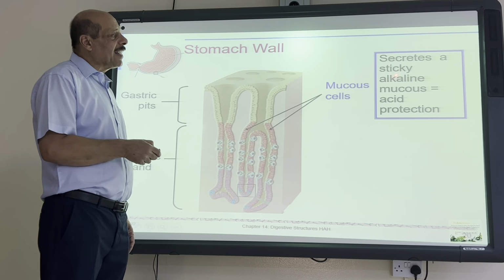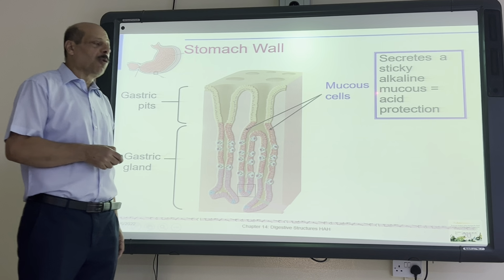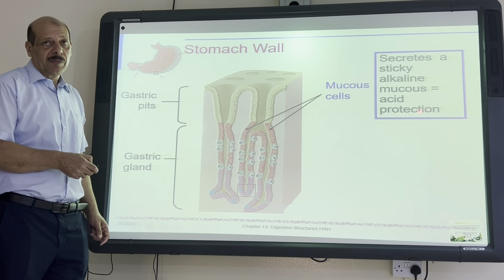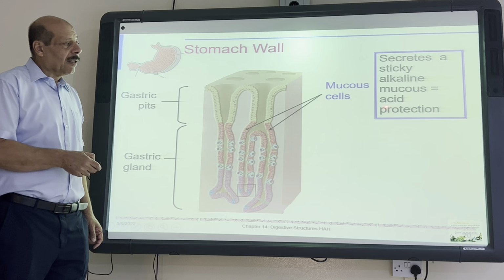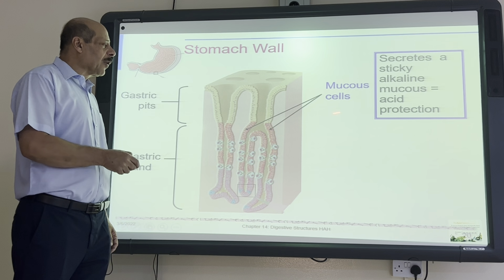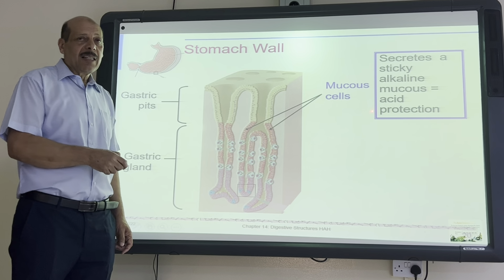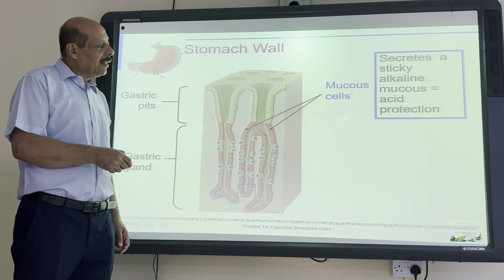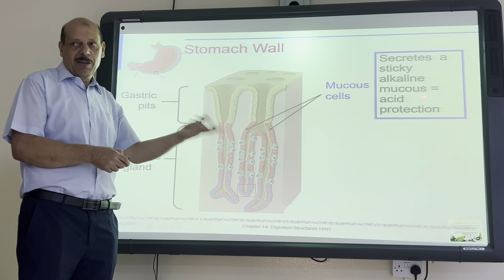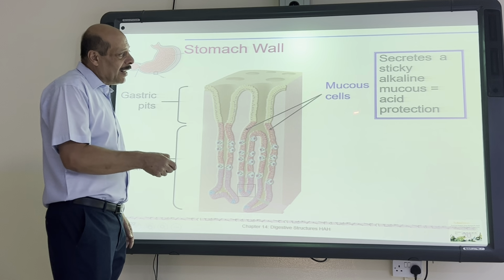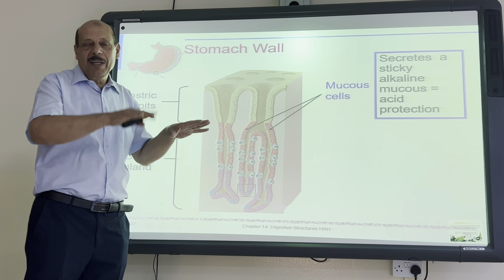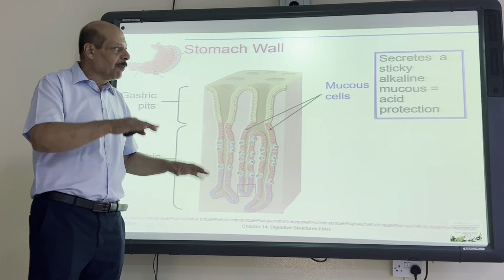It will secrete a sticky alkaline mucus, which equalizes the acid production. So the sticky alkaline mucus, which is secreted by the mucus cell, will equalize, not neutralize, because if it neutralizes, the acid will not give its function. So it equalizes the balance between the acid and the base.